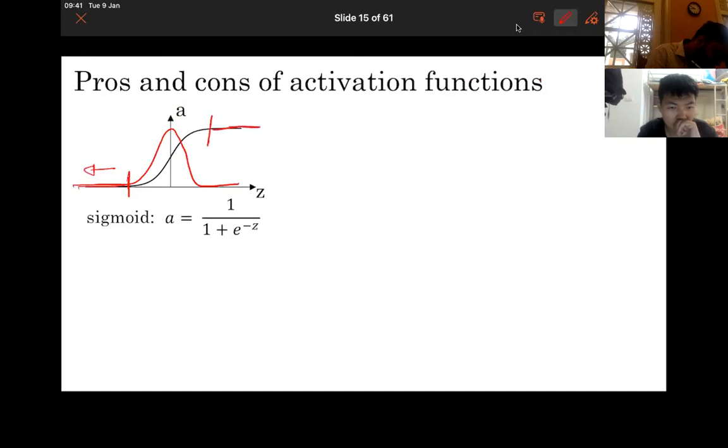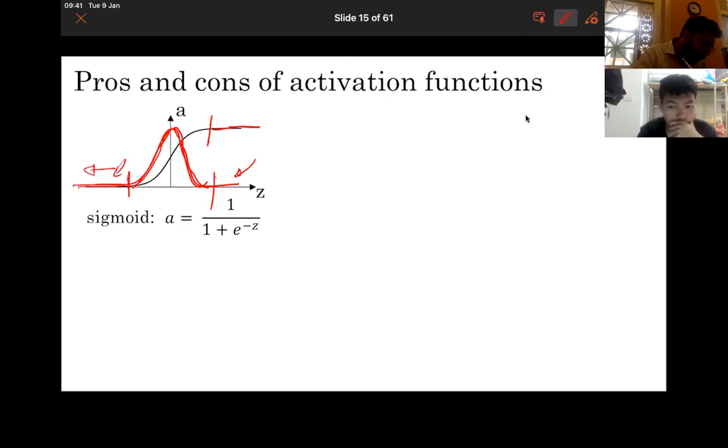Because it's quite small here as well. So this is how the derivative of the sigmoid function looks. It might not be accurate, but what I'm trying to suggest is that it's very small here, very small here, and some okay numbers in between.